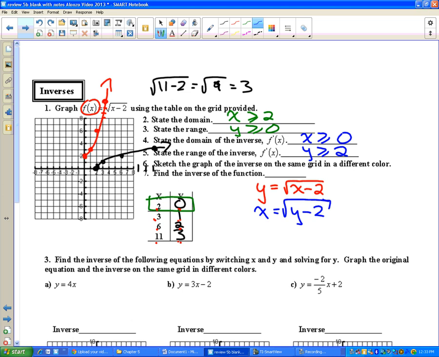There's nothing outside the square root on this side of the equal sign, so I square both sides. X squared is equal to, well, the square and the square root cancel, leaving y minus 2. I'm going to add 2 to both sides, and I get y is equal to x squared plus 2. That is my inverse function.